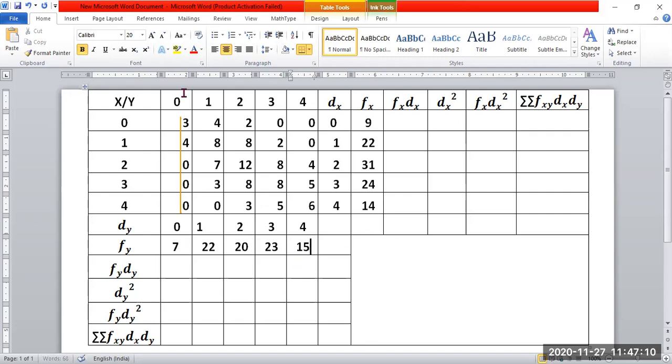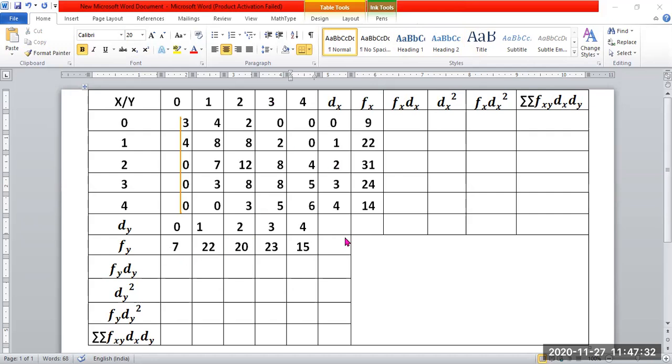Now we are going to find the capital N. How to find capital N? Look at that. Add the fx total. So we get 9 plus 22 plus 31 plus 24 plus 40, I got 100.